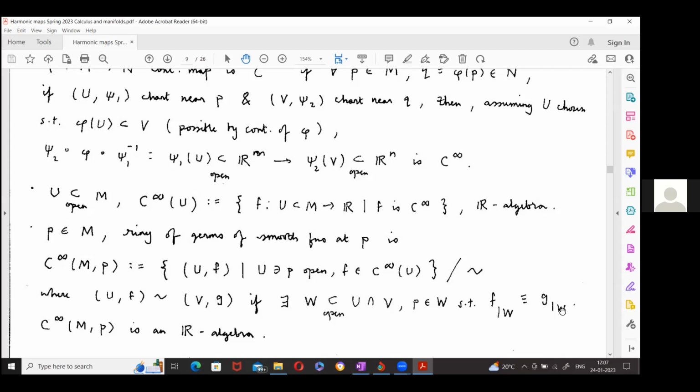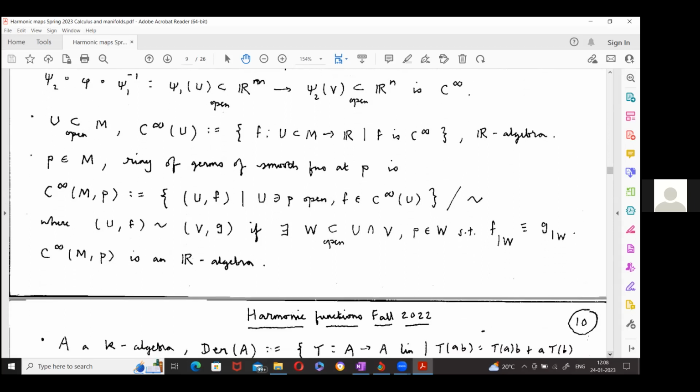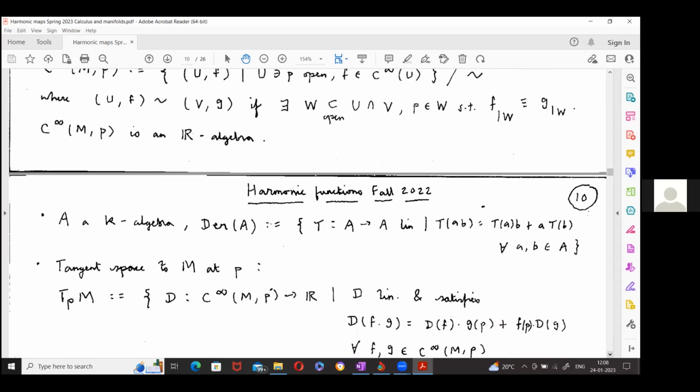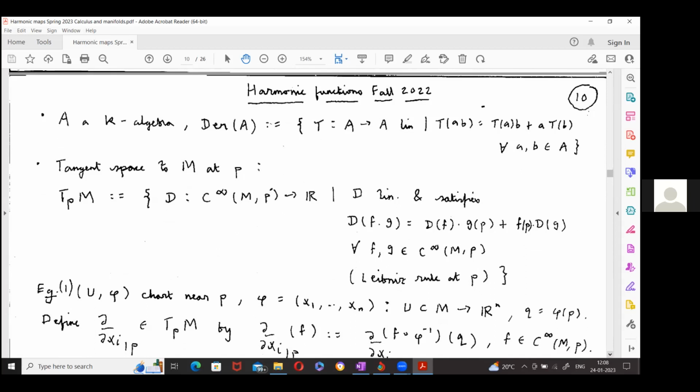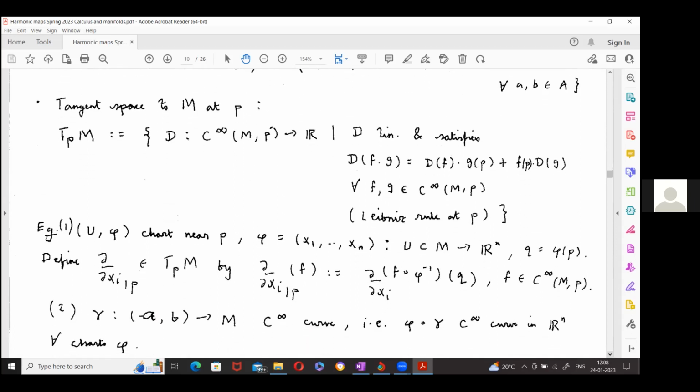So this space of germs becomes a ring, and also an R-algebra. So you get this ring of germs of smooth functions at a point P. And now, algebraically, what is a derivative? A derivative is something which satisfies the Leibniz rule, right?